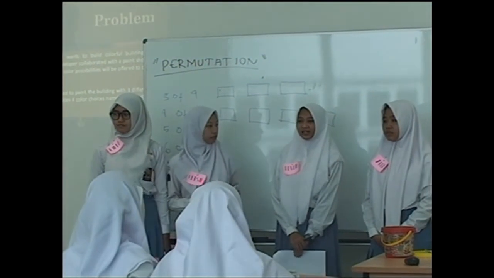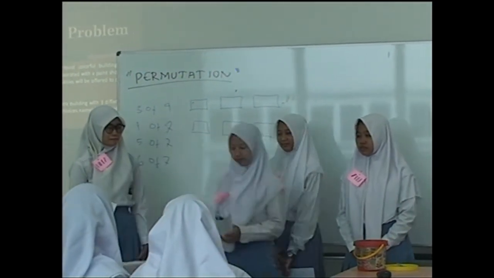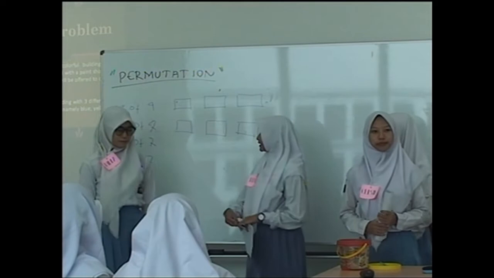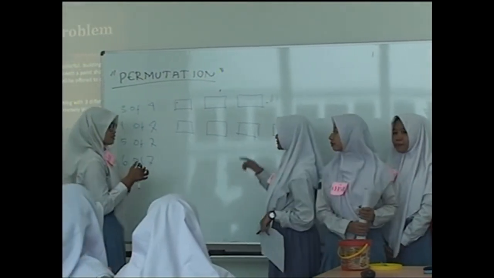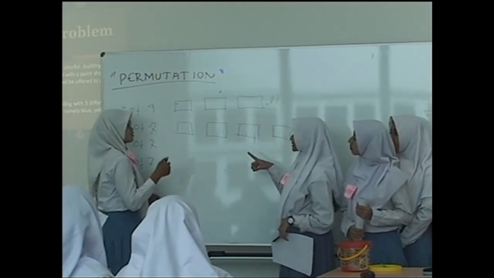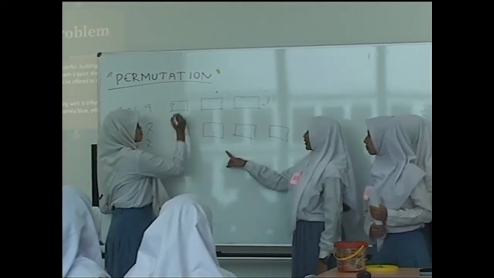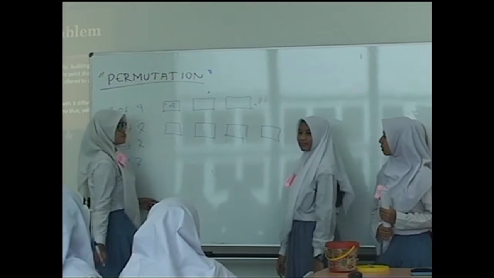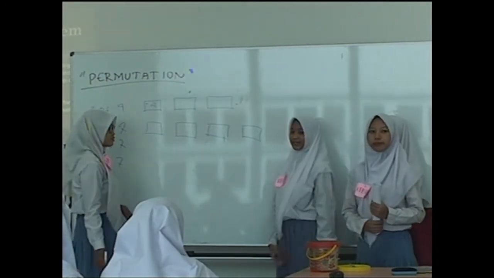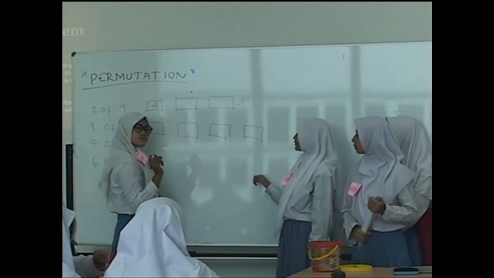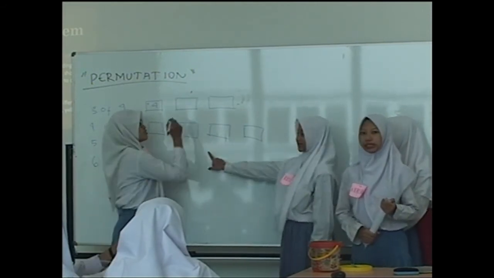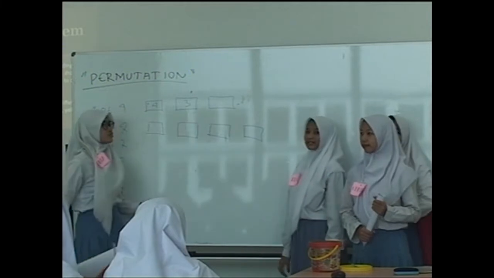In building A, 3 color composition is needed. There are 4 color choices provided by the developer. The first box is the number of colors chosen for the first floor, so the number of colors that can be chosen is 4. The second box is the number of colors that can be chosen for the second floor, so it is 3.